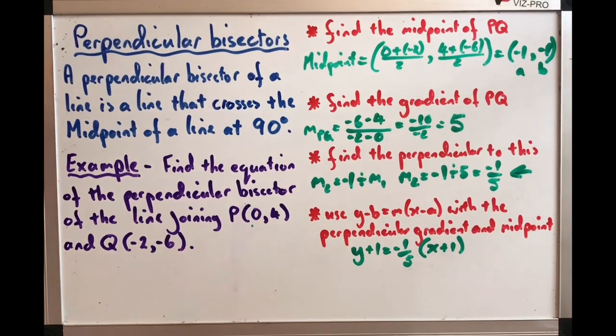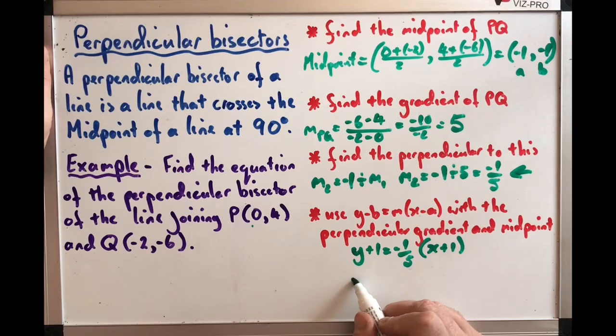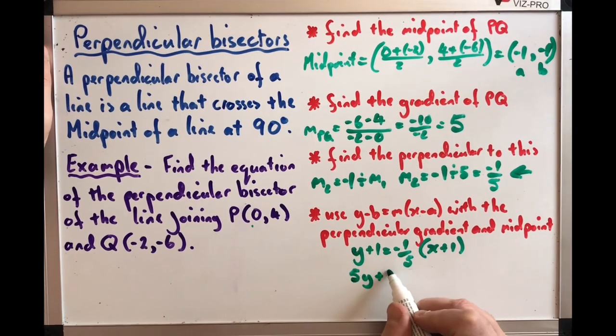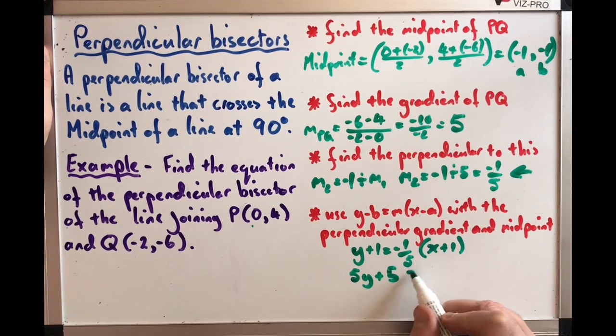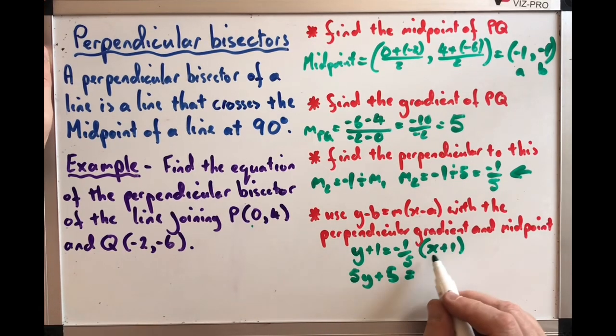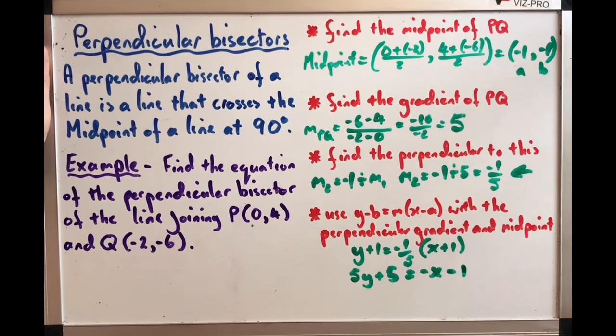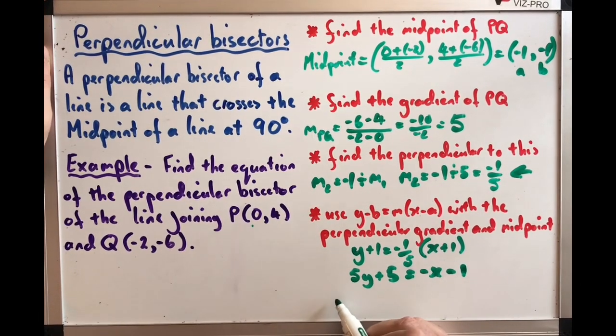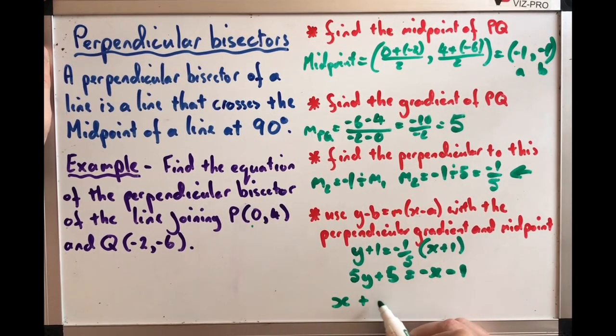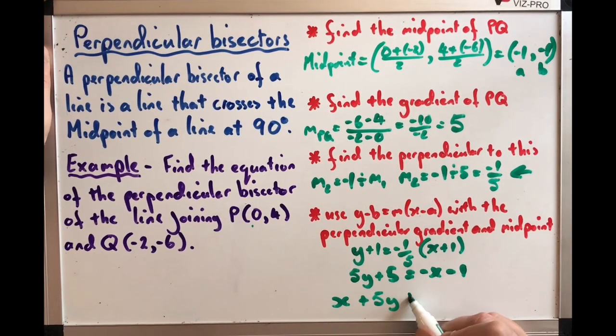I would suggest with this one, why not just multiply by 5? So we've got 5y plus 5 equals -x minus 1. Take everything to one side, you'd have x plus 5y plus 5 plus 1 is 6 equals 0. And that would be the equation of the line.